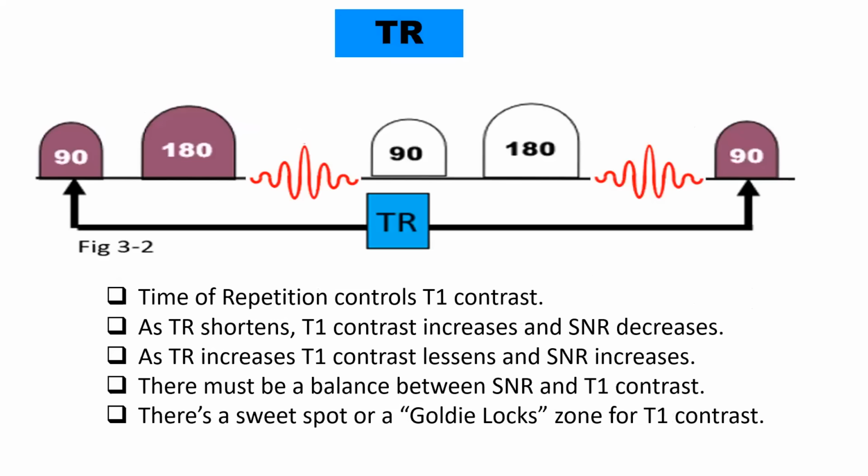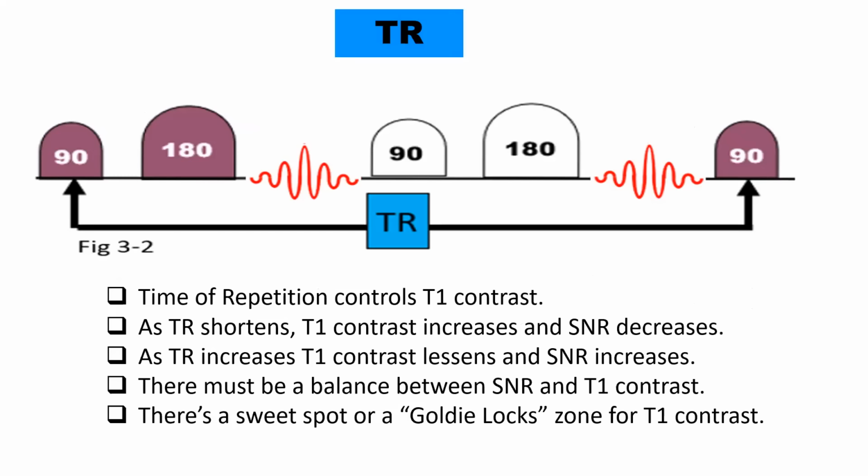So here's a visual of what TR is. It's the time from the 90 to the next 90 that excites the same slice. Notice that the two 90s with the arrow are the same color, so they're the same slice. So TR controls T1 contrast.